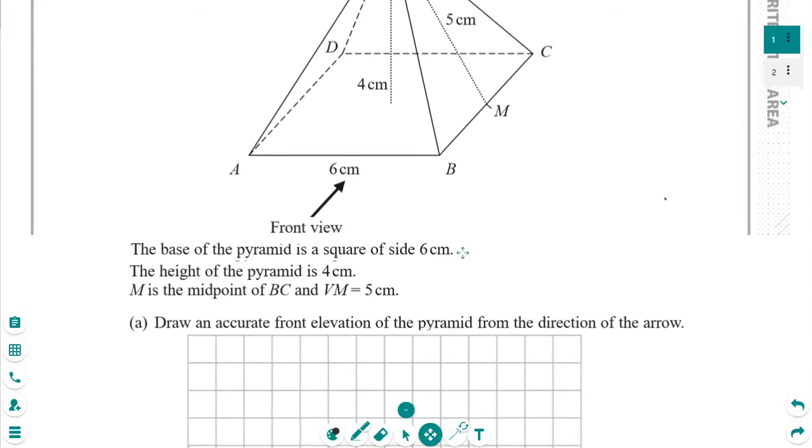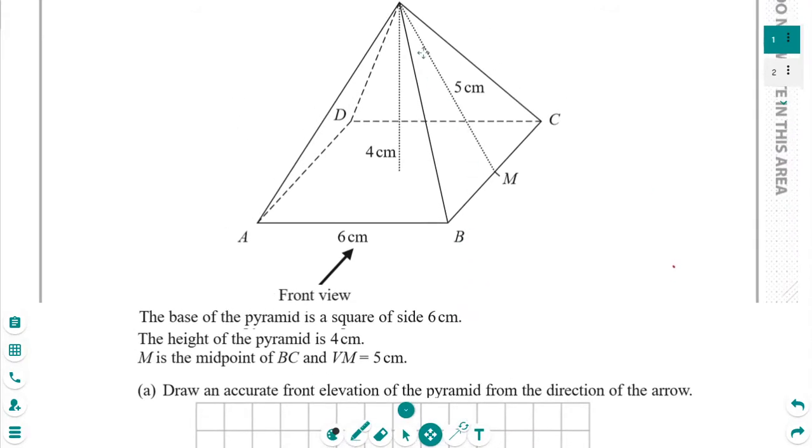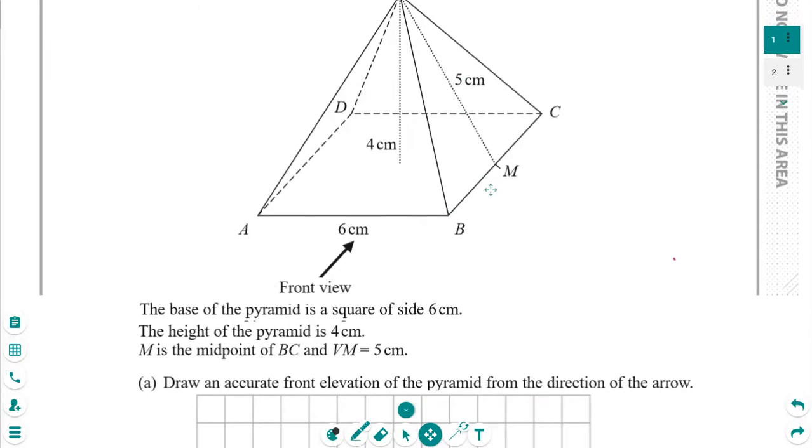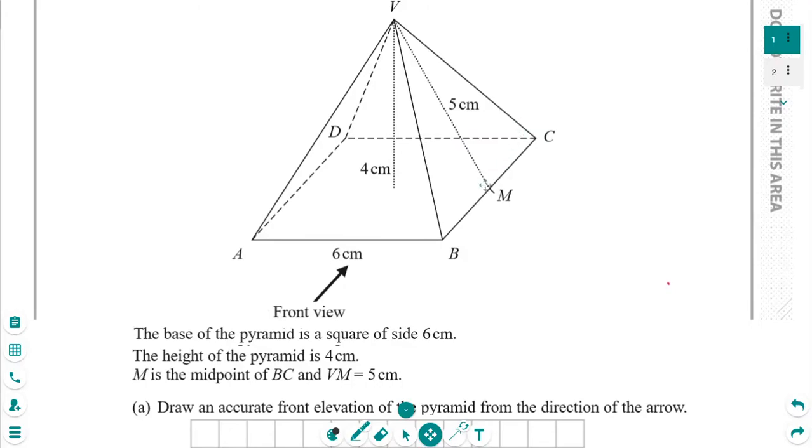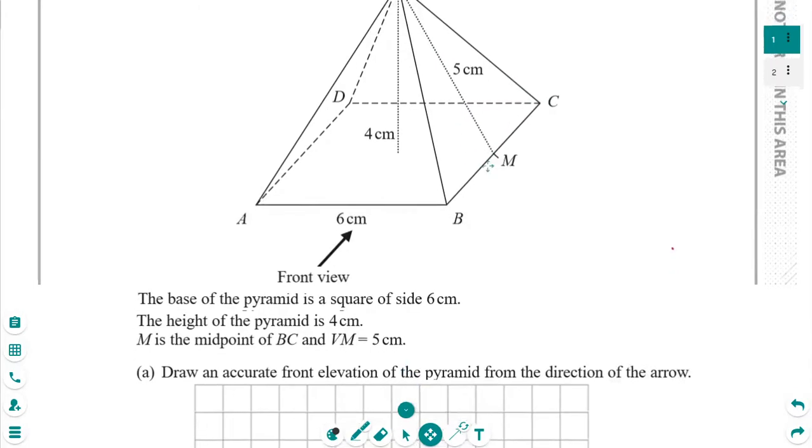All right. The next is the triangle for the faces, the sides. The area of the triangle here: the base is 6 also, and the height is 5.